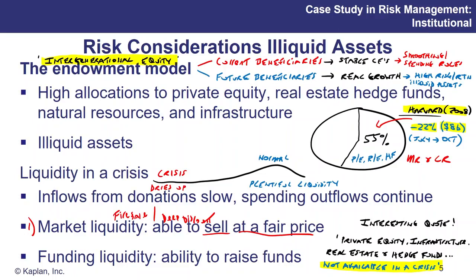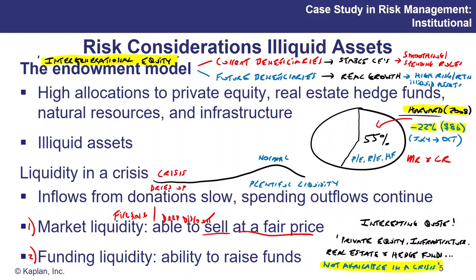2008 was the time of extreme panic out there in the markets. There's no buyers at all, very few buyers. So if you can't sell the assets, we then have a second problem, a kind of link problem, which is what access do you have to other funds? And we call this funding liquidity.